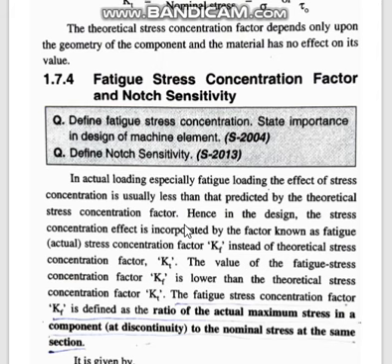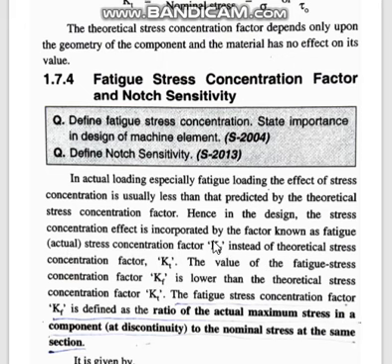So there is a difference between the theoretically predicted value and what actually comes. In design, the stress concentration effect is incorporated by a factor known as the fatigue stress concentration factor, or actual stress concentration factor, instead of the theoretical one. This factor is given by the letter K suffix F. F stands for fatigue, and KF is the actual stress concentration factor.